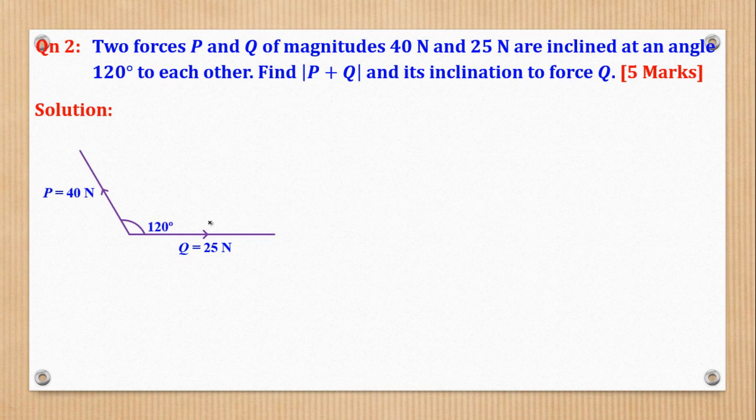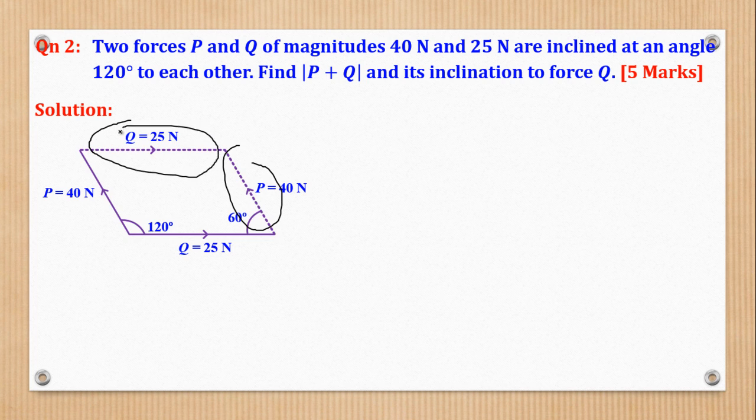Now, when there are 2 forces inclined at an angle, the method to use is called the parallelogram rule. So we are going to draw another force parallel to this here, and a force parallel to this here, to come up with our parallelogram. I think you realize that this and this are dotted.